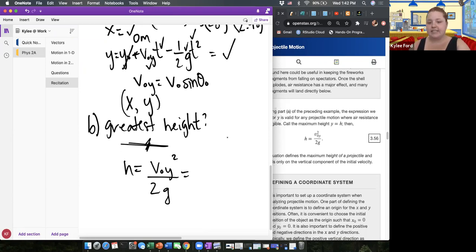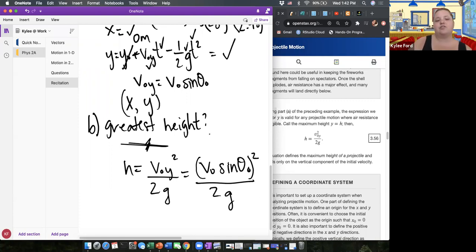Okay, and that's it. So I'm just going to plug in my values. I have my v naught y here, so I'm going to say v naught times sine theta naught, that whole thing squared, divided by my 2 times g. And that's all you have to do to find your greatest height. Okay?